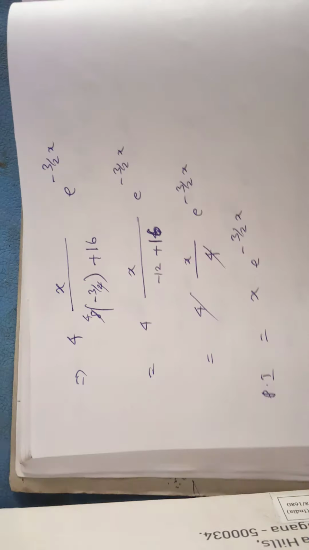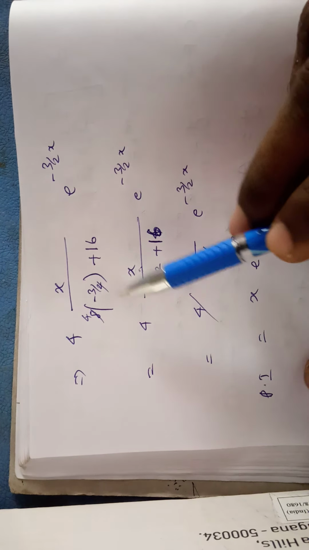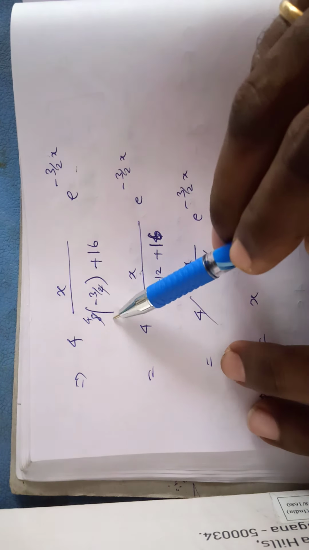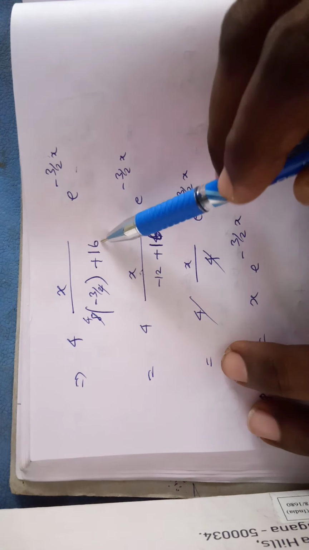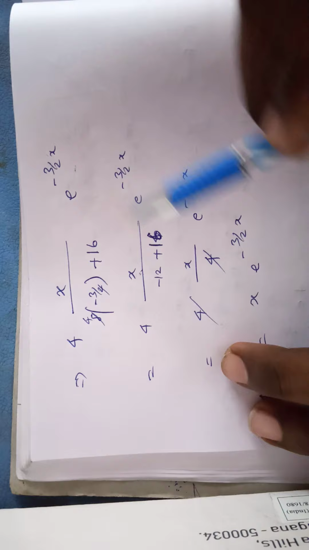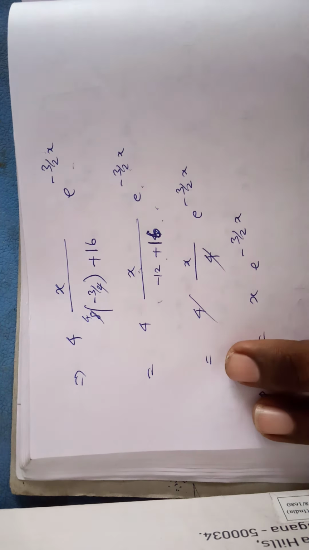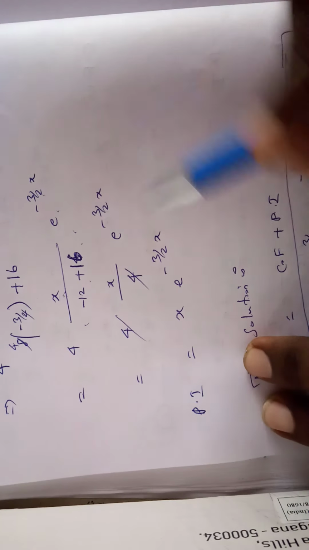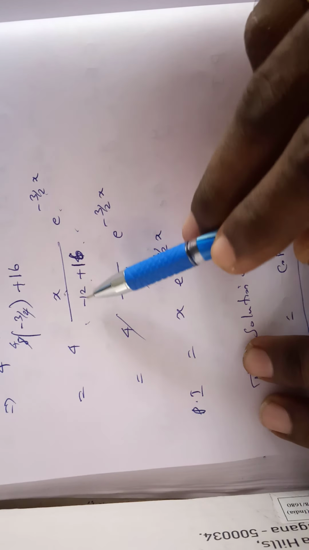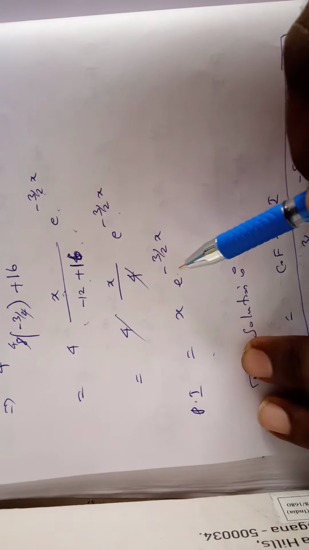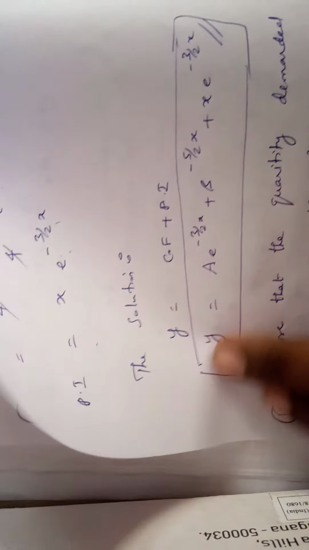Again D can be replaced by minus 3 by 2. So 8 into minus 3 by 2 plus 16 into e power minus 3 by 2 x. 4 into x by minus 12 plus 16, into e power minus 3 by 2 x. So 4 into x by 16 minus 12, that is 4, e power minus 3 by 2 x. The 4 cancels. The final answer is x into e power minus 3 by 2 x.